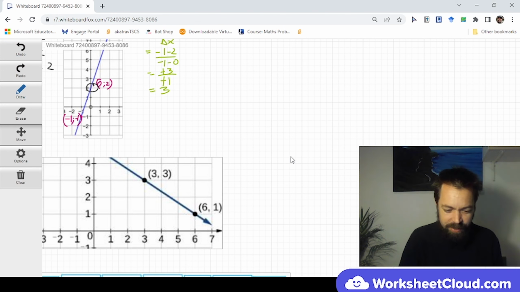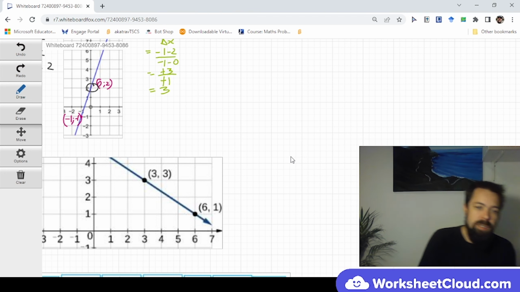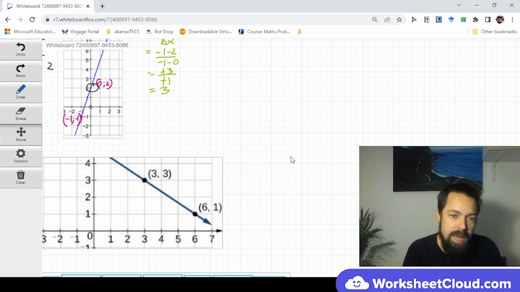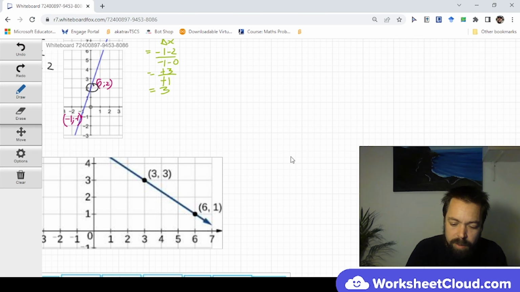Again, like I said before, for working out the gradient, it doesn't matter whether your points are on the x or y axes, as long as you have 2 points. Now in this case, they're not on the x and y axes. I can still work out my gradient. So m equals change in y over change in x. I'm going to work from left to right.